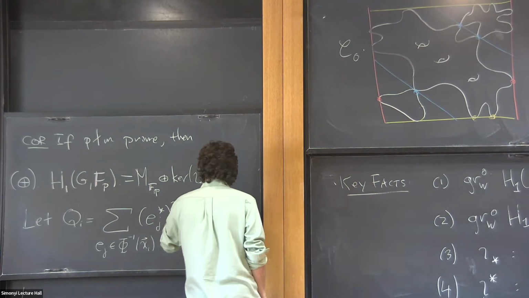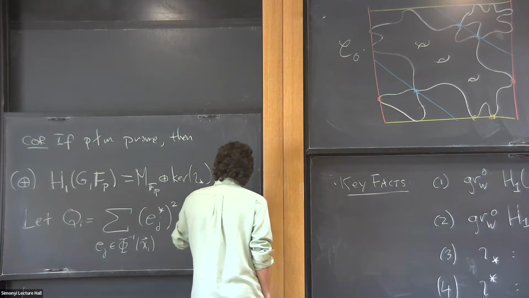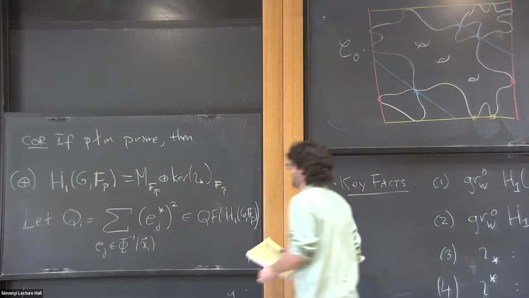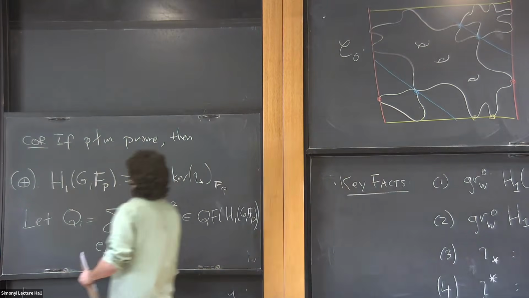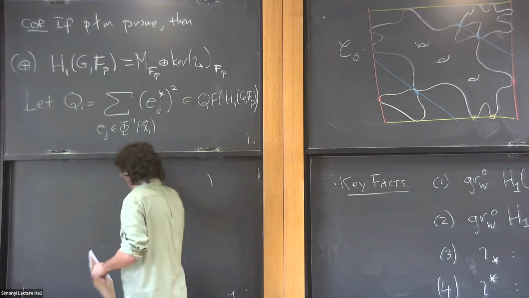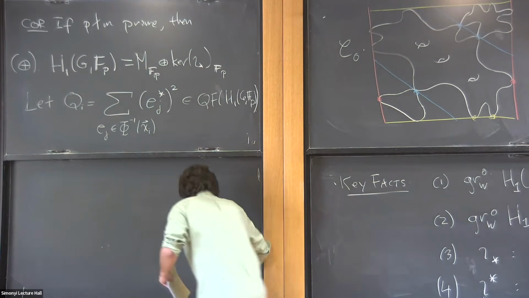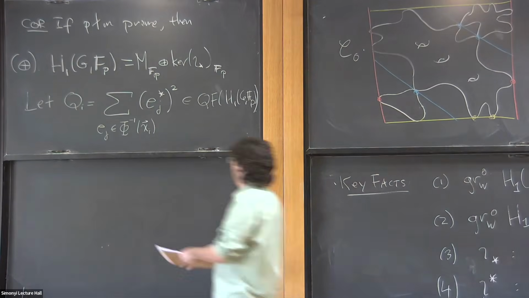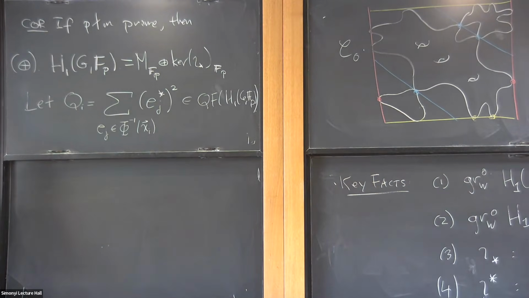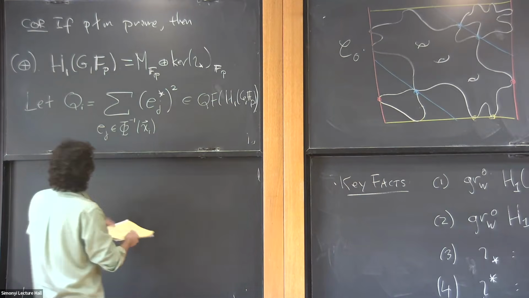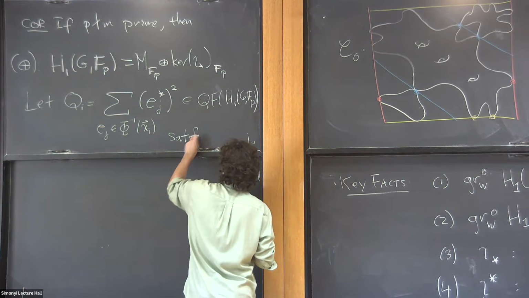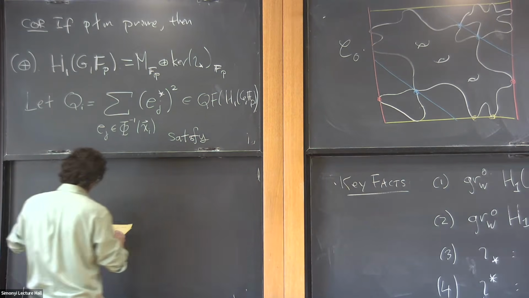So this is a quadratic form on H1(G, F_P). The point is that this quadratic form will exactly encode the monodromy of our curves over each of the coordinate hyperplanes. The Qi will be the monodromy about the i-th coordinate hyperplane, and these quadratic forms satisfy the following two key conditions.